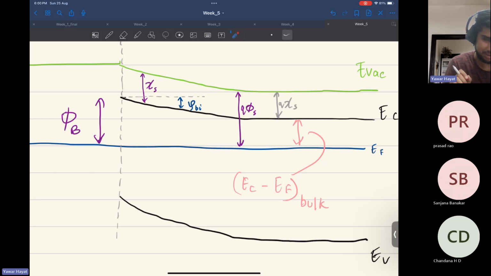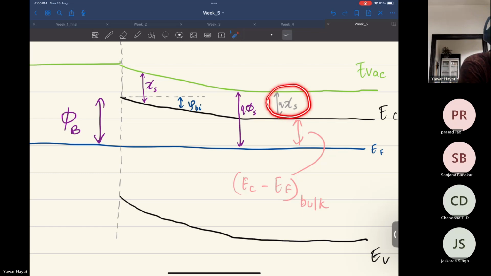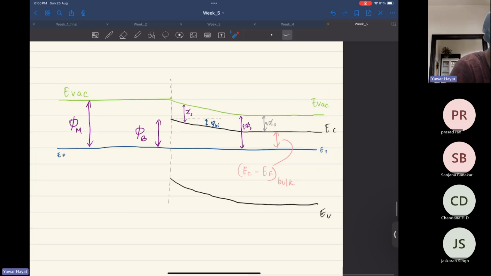Okay, just write yes if what I will say makes sense. So I'm saying this q chi-s would be this whole minus this part. Does this make sense? I'm saying this q chi-s would be equal to q phi s minus EC minus EF bulk. Yes, okay, so this does make sense, right?